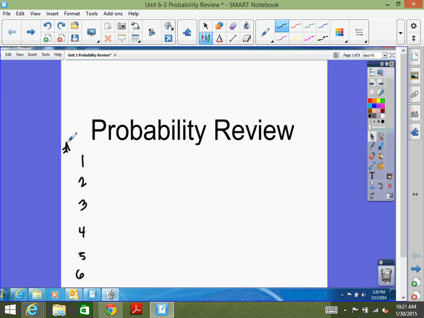These are the numbers on the cube. And then we're going to keep up with the frequency. That's how many times I land on one of these numbers. Ready? So now we're going to actually perform an experiment.